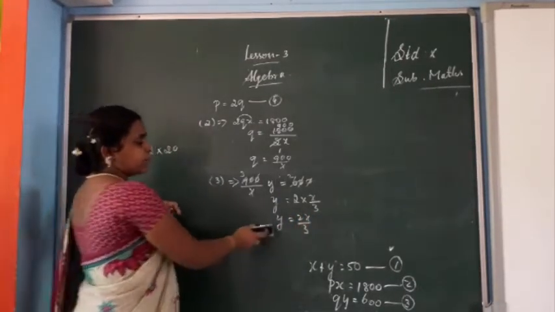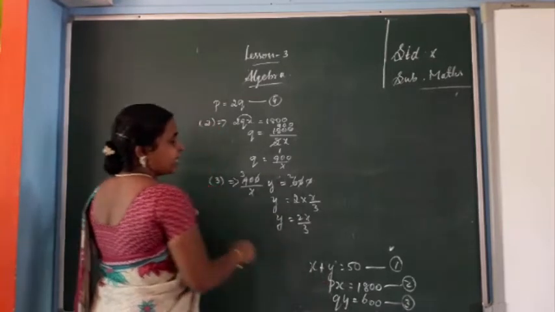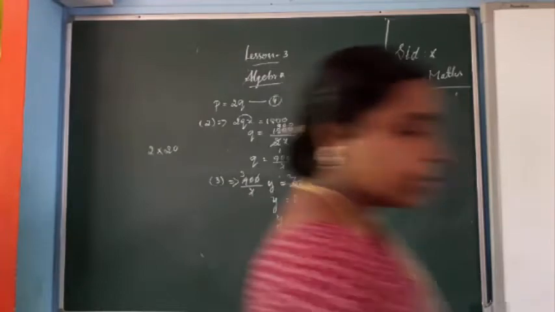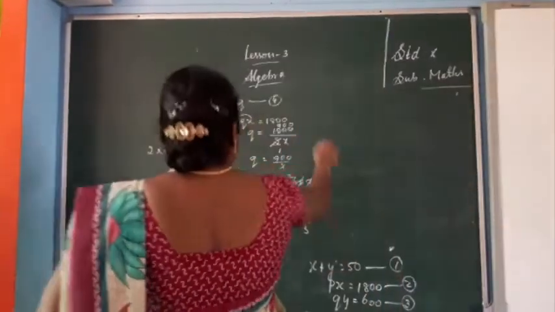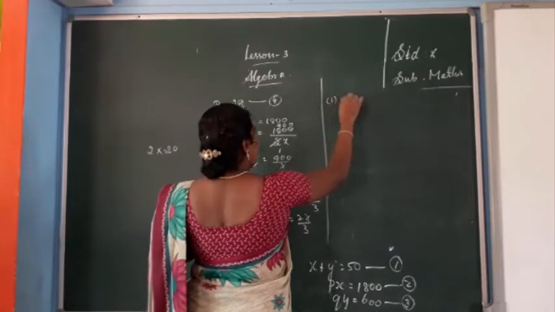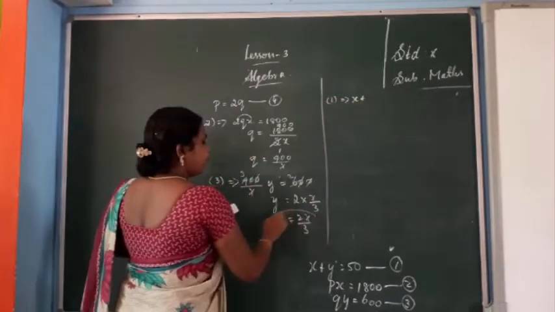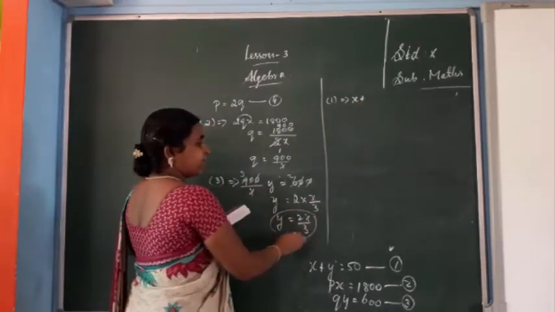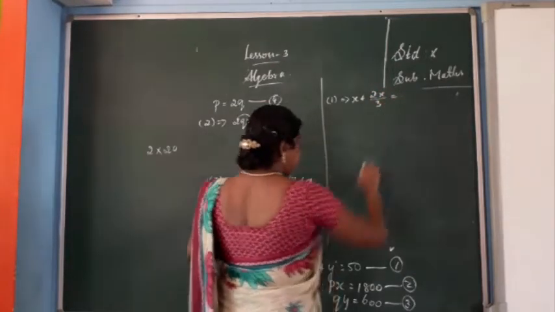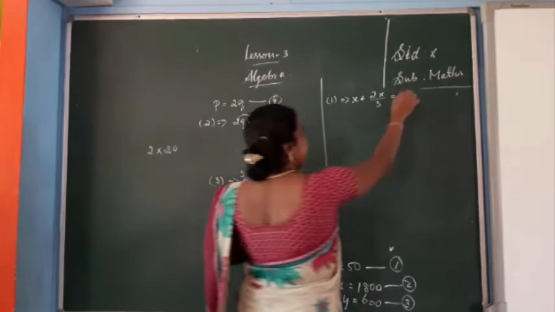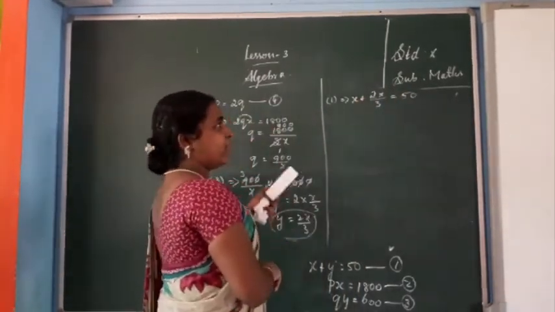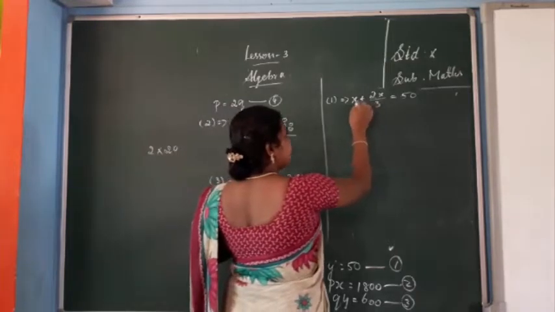Now you can substitute the Y value in equation 1. Equation 1 is X plus Y equal to 50. So instead of Y, 2X by 3. So X plus 2X by 3 equal to 50. Now it's X terms only, so take LCM. LCM is 3.